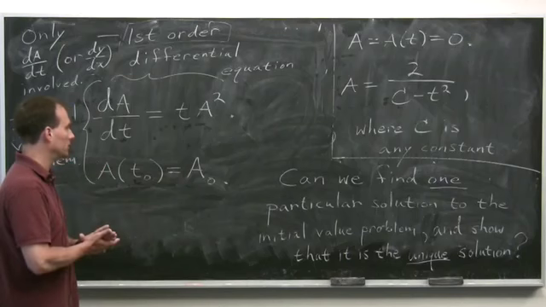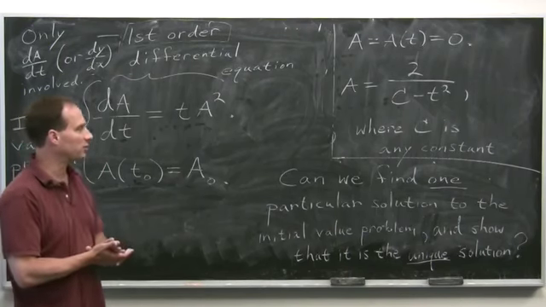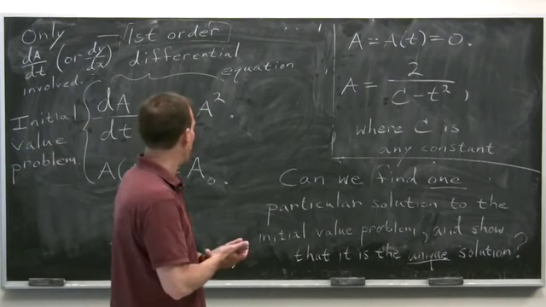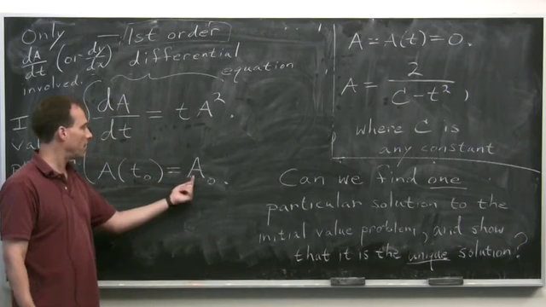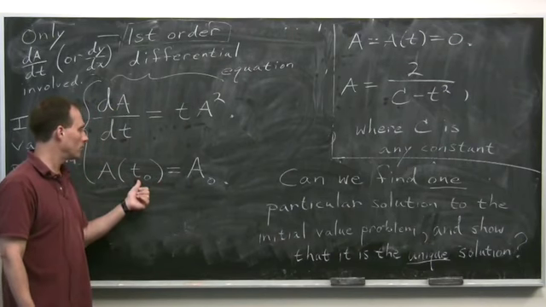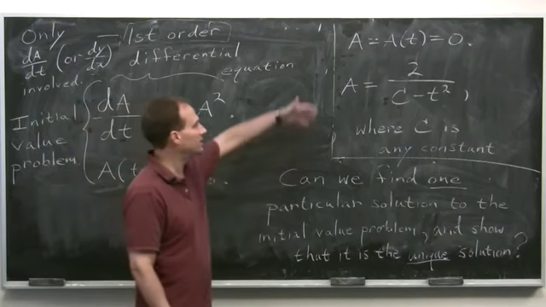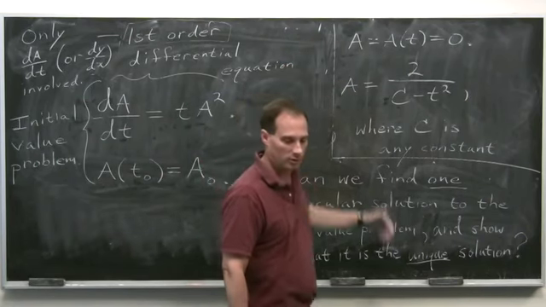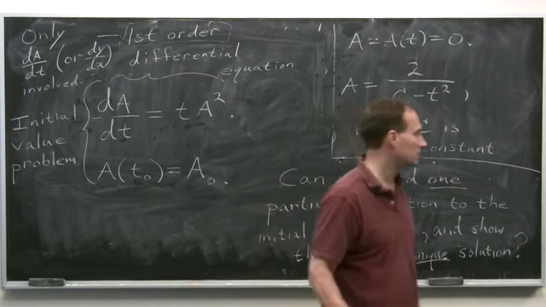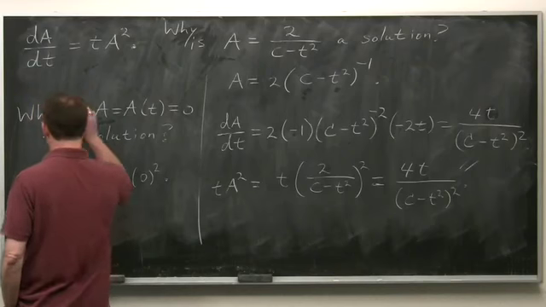You'd like to know that the solution is unique if your independent variable is time. All right, so let's see. If we fix that the value of A has to be A naught when T is some particular T value T naught, does that tell us that we get one of these solutions and only one? So is there a unique solution to this initial value problem? And the answer is yes.